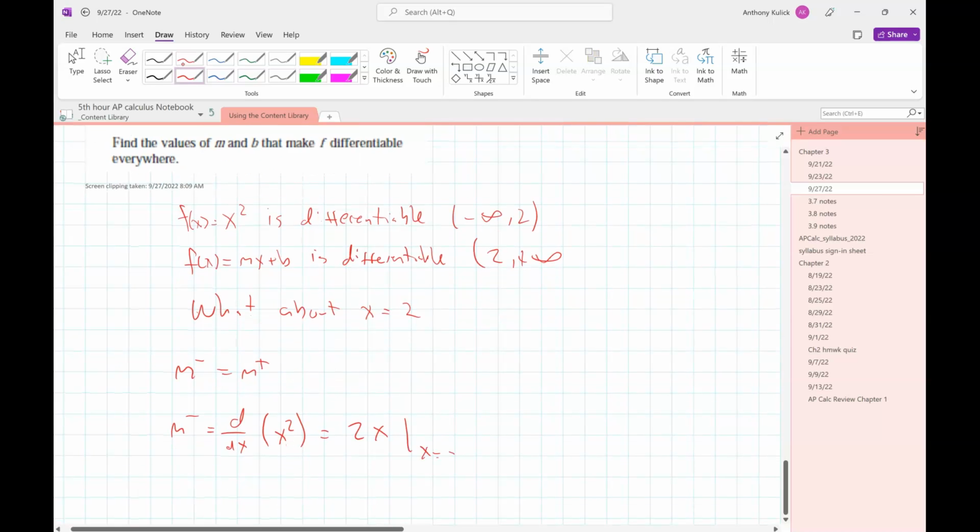And then if I evaluate at x equals 2, that slope needs to be 4. Cool there?